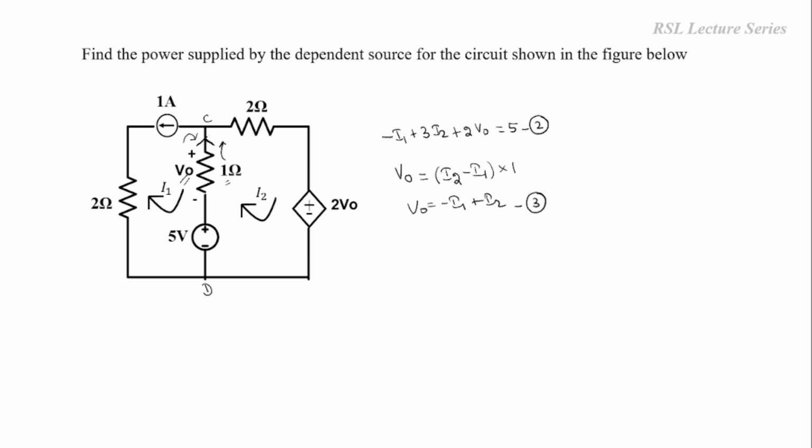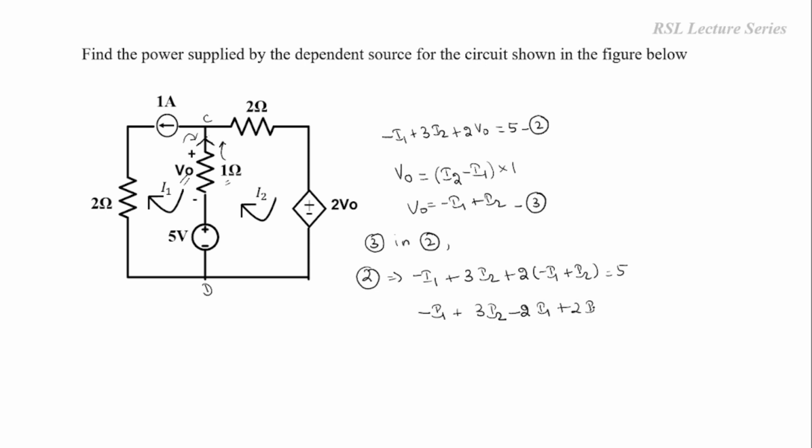Now we have to substitute the third equation in the second equation. So the second equation becomes minus I1 plus 3I2 plus 2 into (minus I1 plus I2) equal to 5. On simplification, we get minus I1 plus 3I2 minus 2I1 plus 2I2 equal to 5.